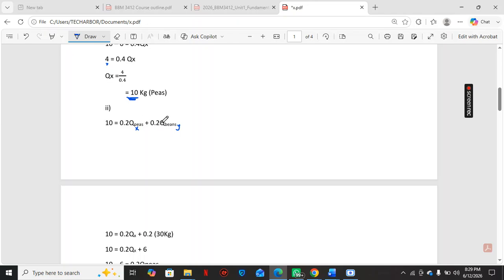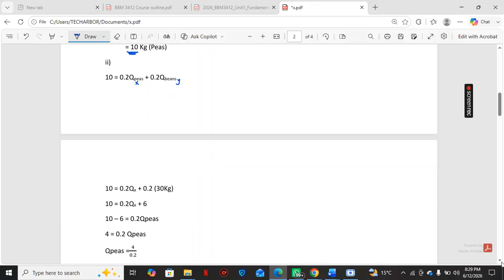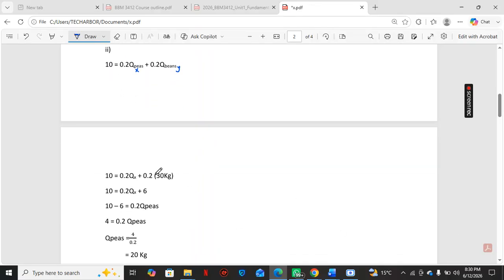So now we're saying, if this customer still buys 30 kg of beans, how many peas are they going to get? Here again, we substitute QY with 30 kg. So 10 equals 0.2 QX plus 0.2 times 30 kg. 0.2 times 30 kg gives 6.